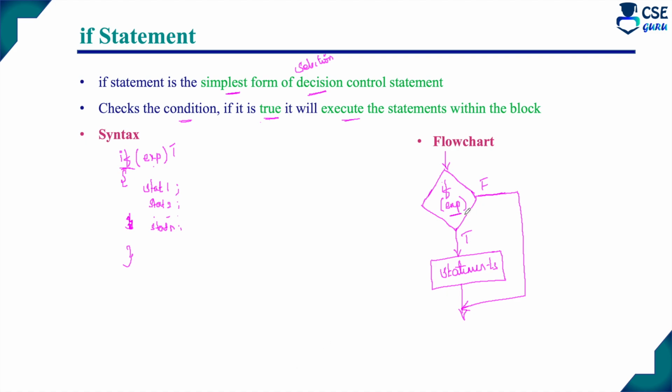So here, only when the condition is evaluated to true, we have specified certain statements. If it is false, don't execute anything. Just skip this true block of statements, and control will be transferred to the next code in the C program. For example, if x is less than y, I am checking whether the value of variable x is less than y.